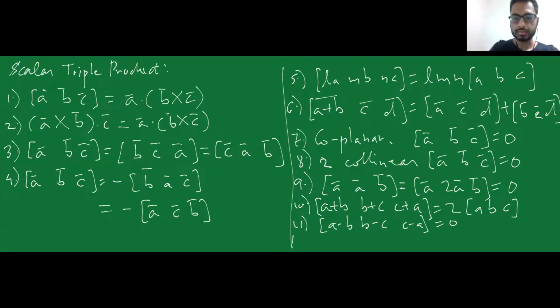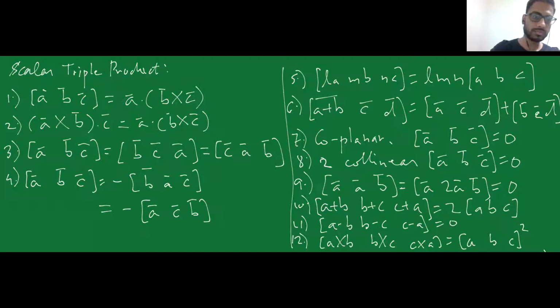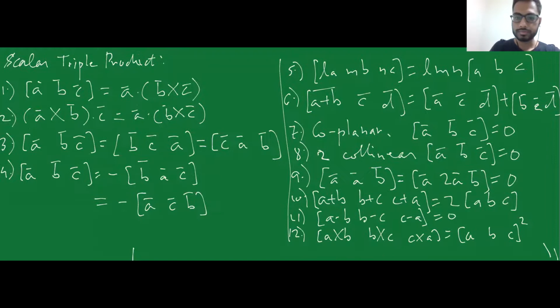And if there is a cross product, so A cross B, B cross C, and C cross A, I can say that the value of that term is equal to A, B, C, the whole square. Okay. We'll see one more property over here.